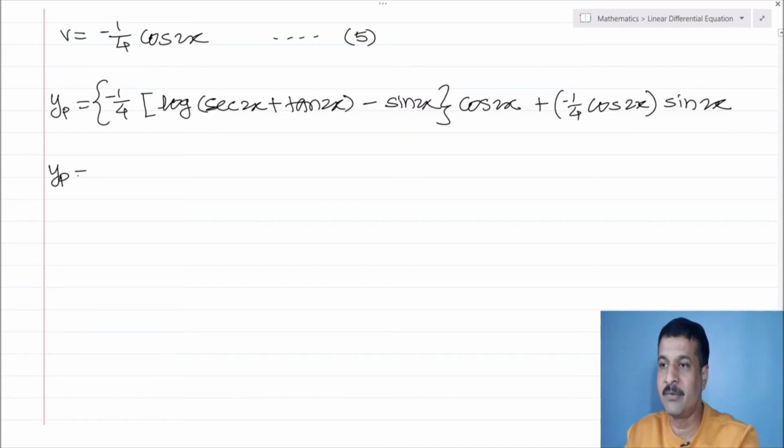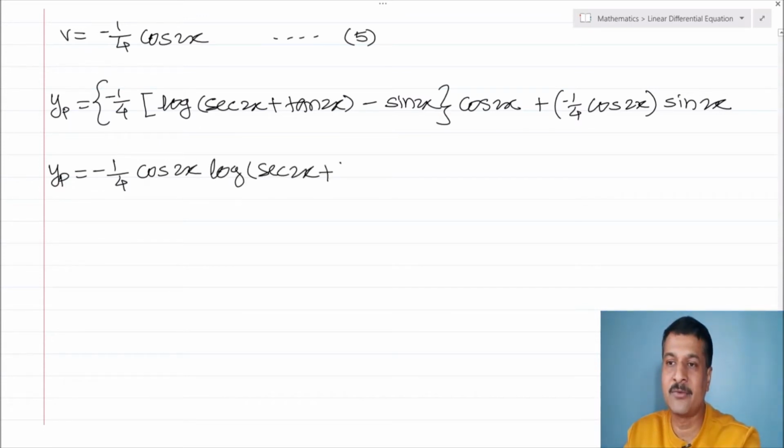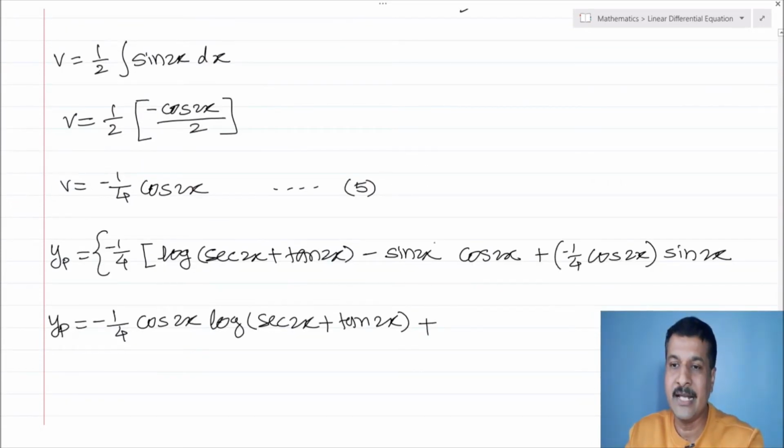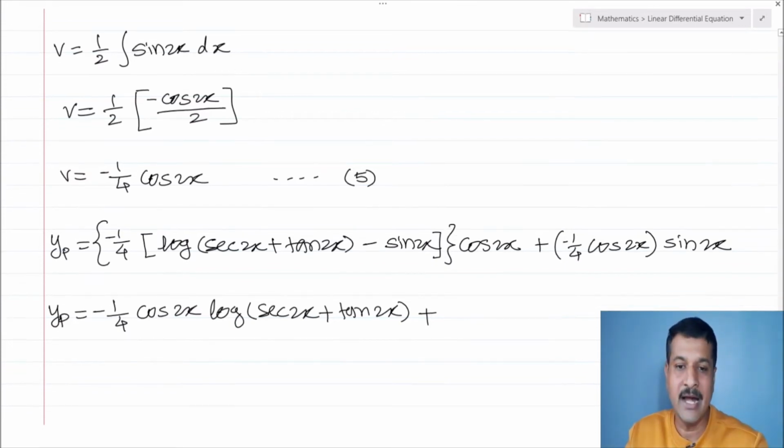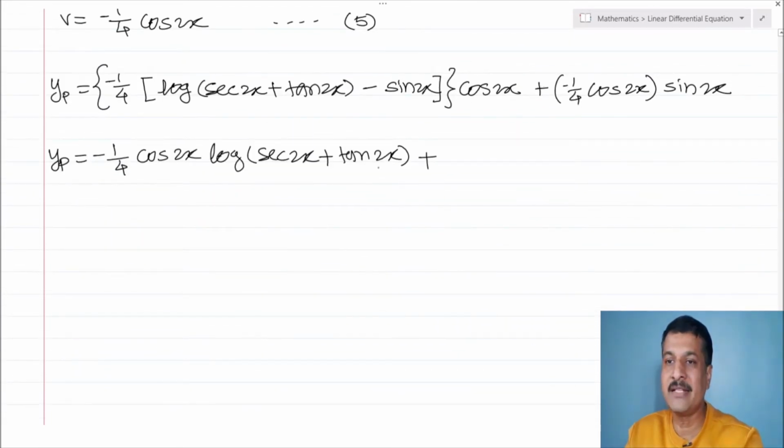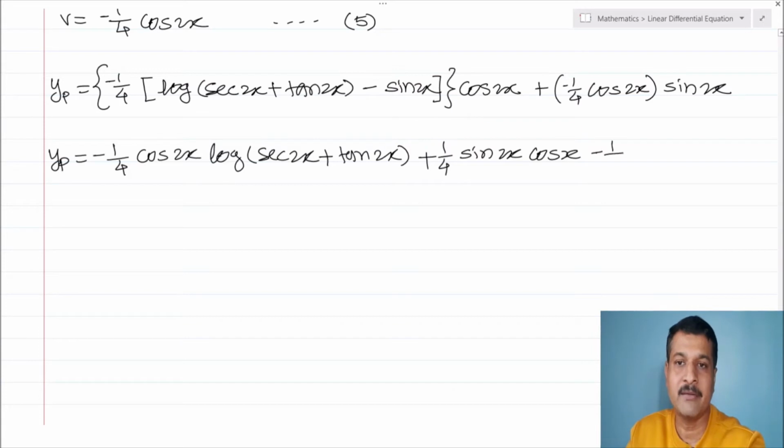So yp equals, if we multiply, minus 1 by 4 cos of 2x into log of sec 2x plus tan 2x minus sin 2x. Note that here it is a bracket and then the curly bracket, and that is why I am getting plus 1 by 4 sin 2x into cos 2x, and here minus 1 by 4 cos 2x into sin 2x.